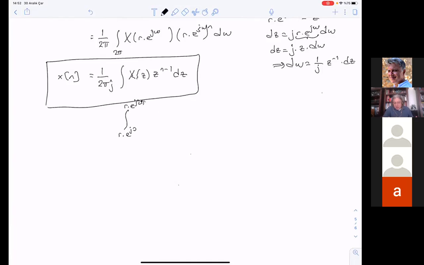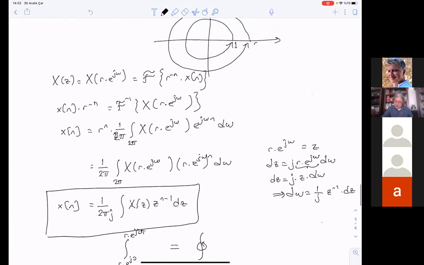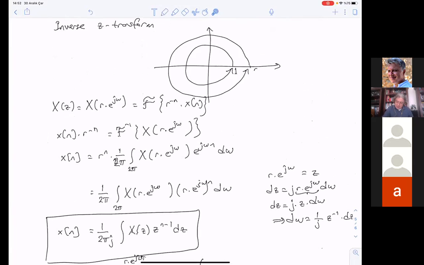Which is one notation. What is this r? R is any value within the region of convergence that is suitable for you. You can either write it like this or put this notation, which means a circular contour integral that I was describing at the top here. This contour integral over this r that you integrate.